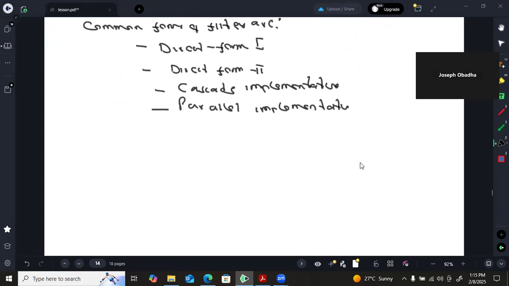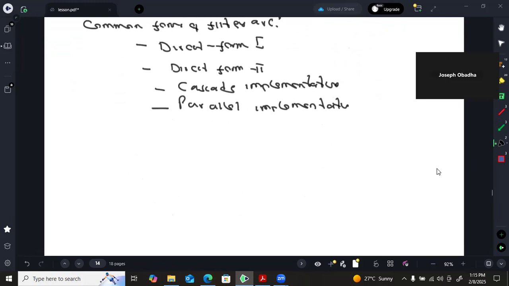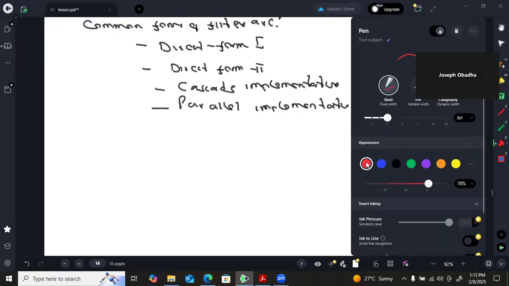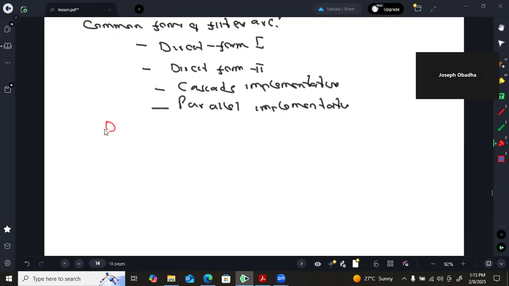So let me start by giving an example of direct form realization. I will illustrate this by using an example.